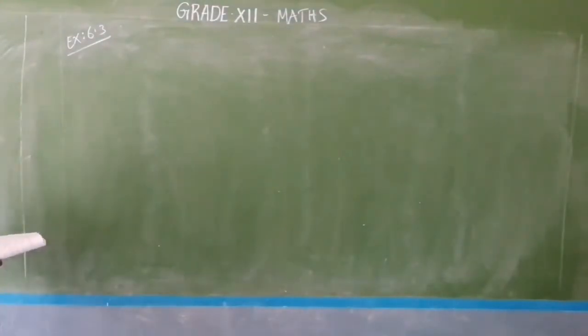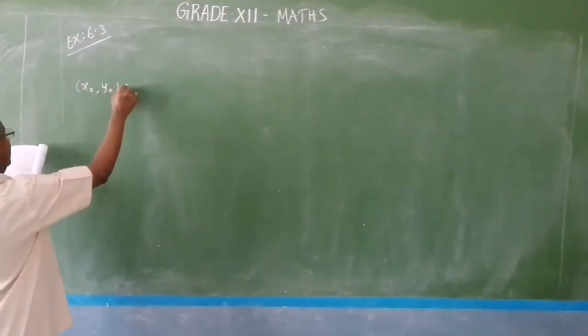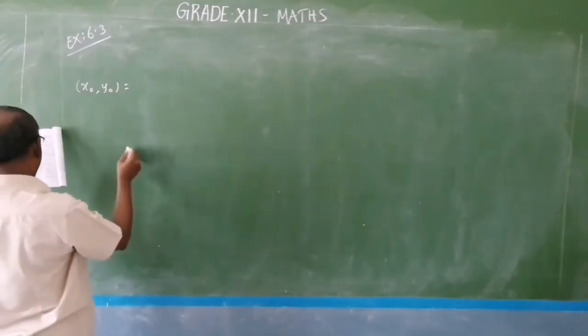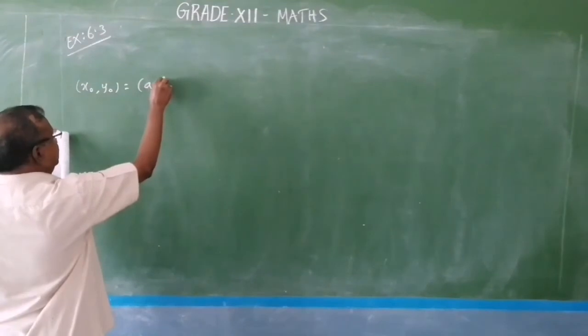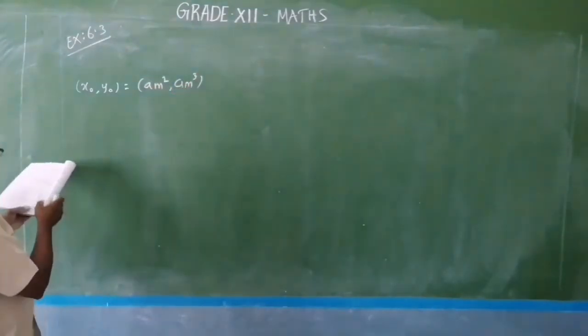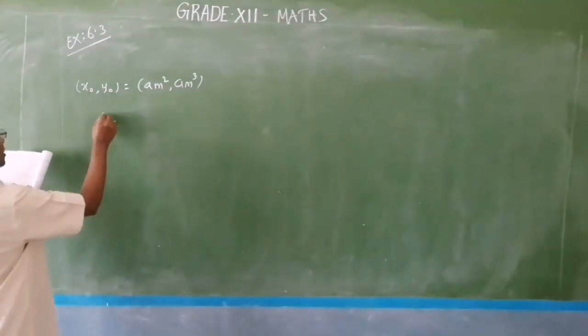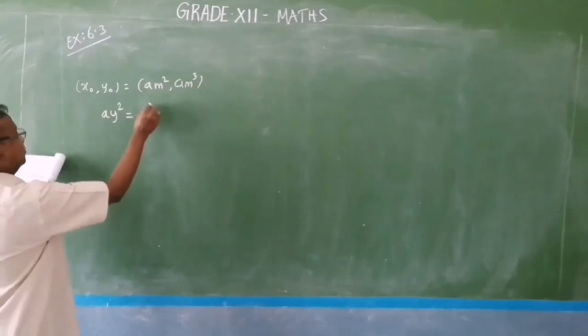Now question number 20. Find the equation of the normal at the point x naught comma y naught equal to am square comma am cube. Now the curve is ay square equal to x cube.